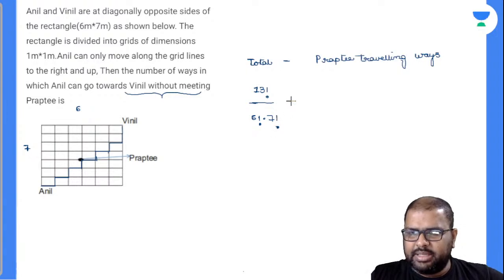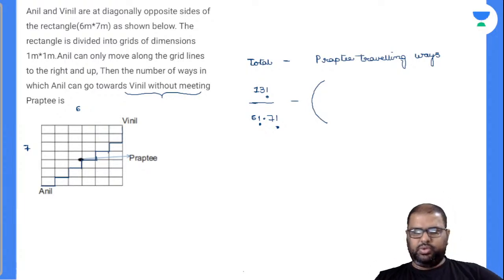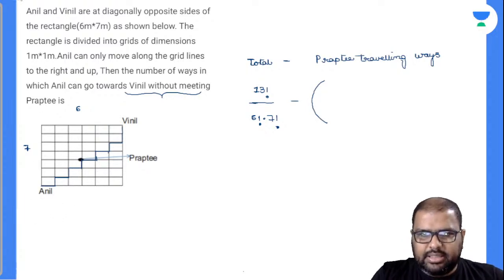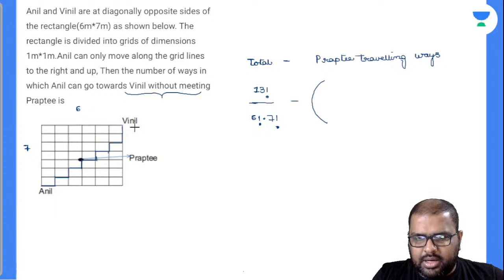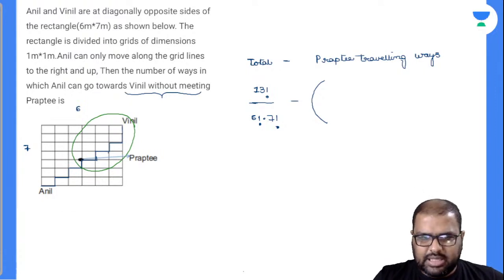Let's subtract the Prapti traveling ways so that I'll get the answer of Anil moving towards Vinil. This is Prapti moving towards Vinil. Observe there, this is the way where Prapti moves, 1, right and up, 2, 3, 4, 5, 6, 7.